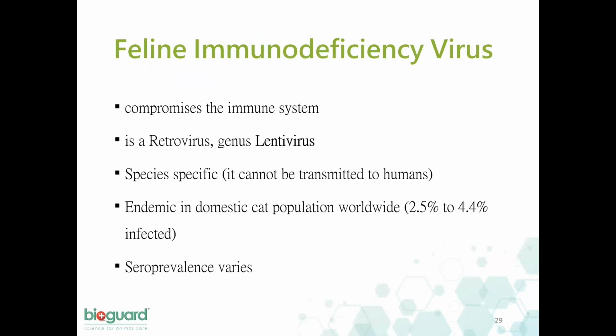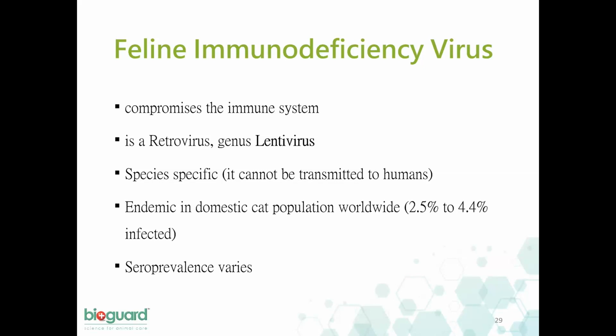FIV is a slow virus that compromises the immune system of cats over a period of years by infecting many cell types. It is endemic in the domestic cat population worldwide, with 2.5 to 4.5% of cats infected. Seroprevalence varies depending on the region.